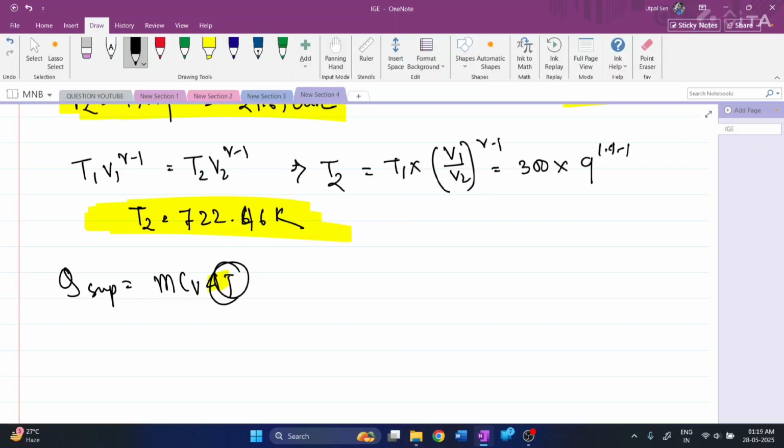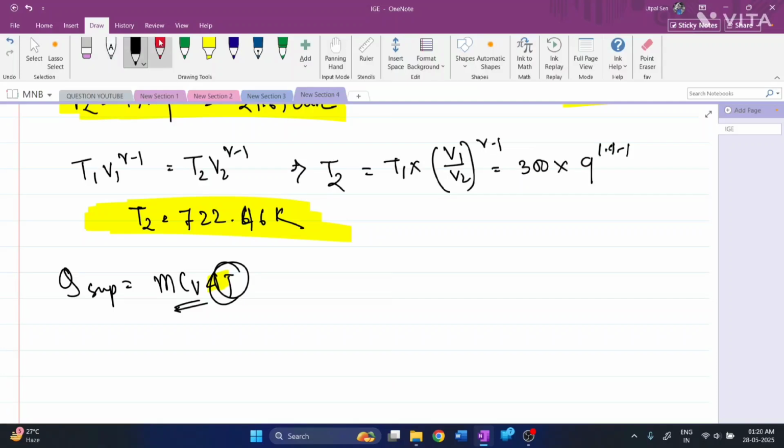For a standard temperature difference, we mostly take the Cv as constant, but in this question the Cv is changing with temperature, and we have to find out the heat supplied per kg of air.